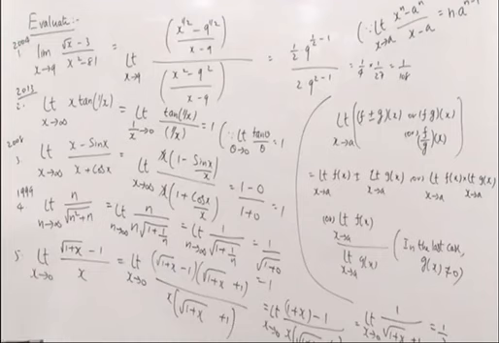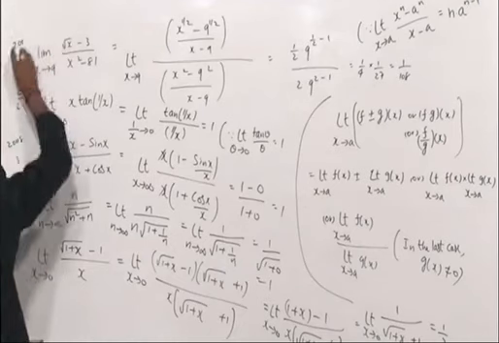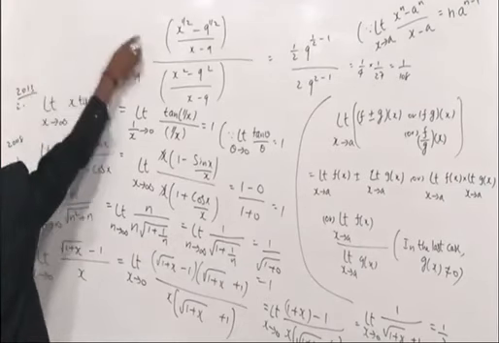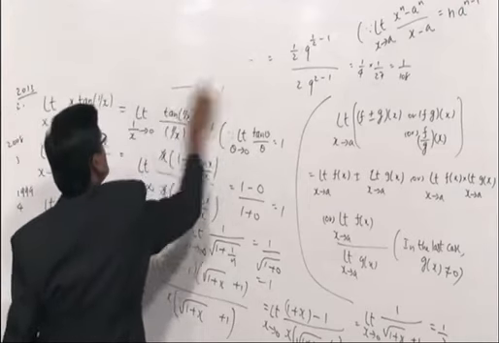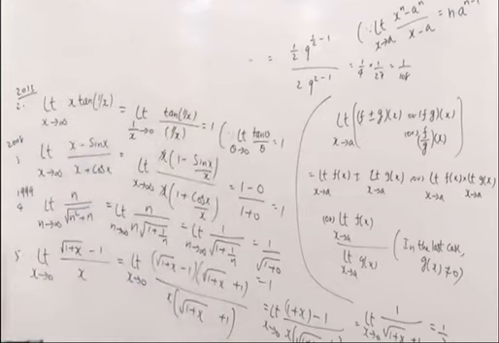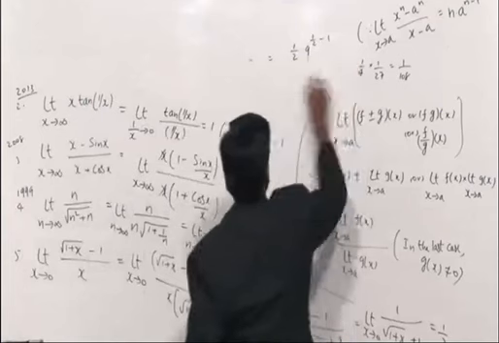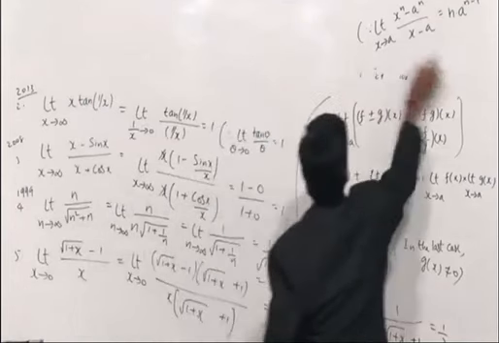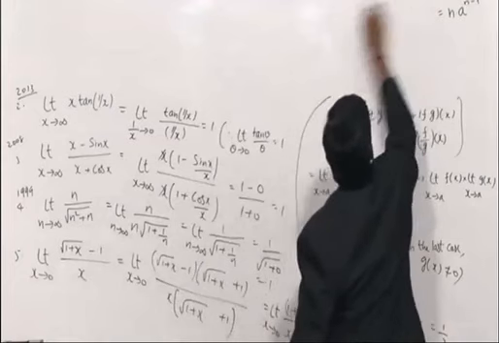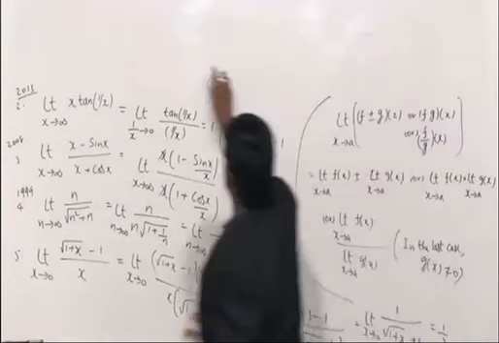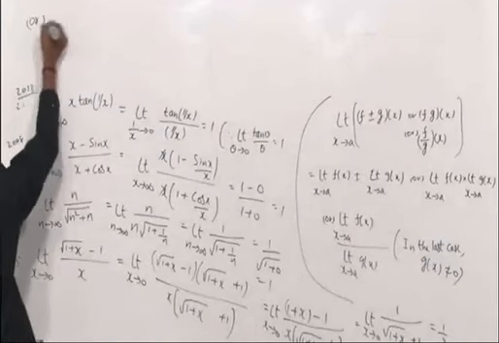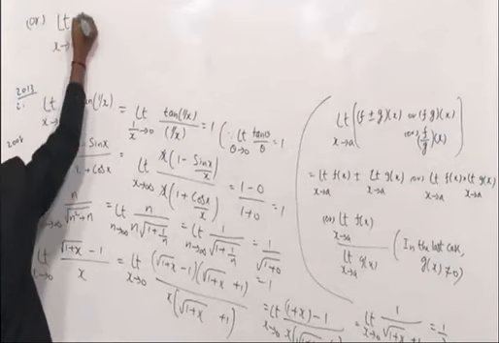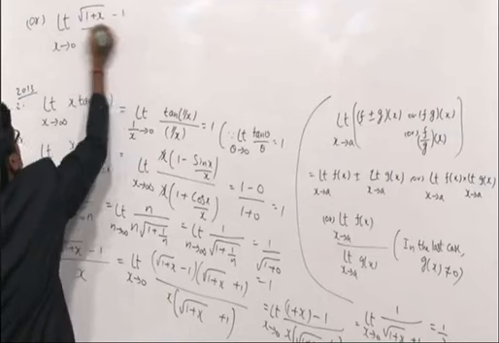The second method also I am going to do for the fifth problem. Second method: limit x tends to 0 root over 1 plus x minus 1 by x.